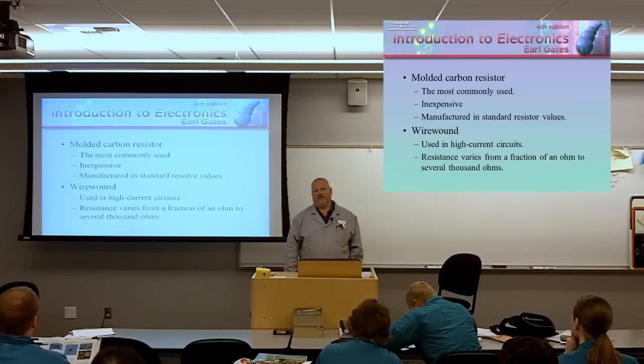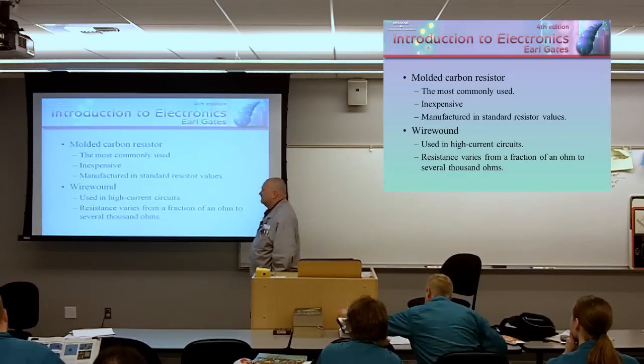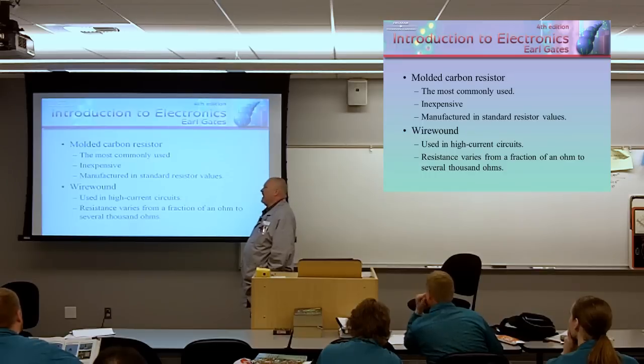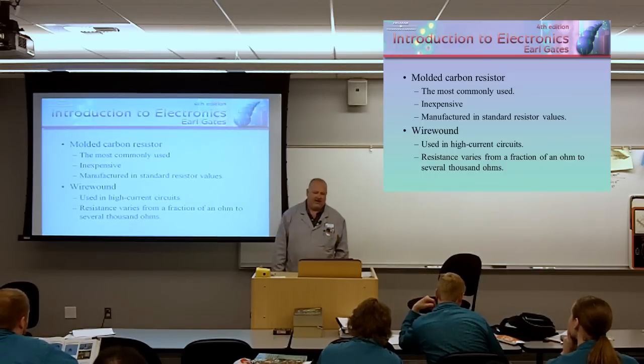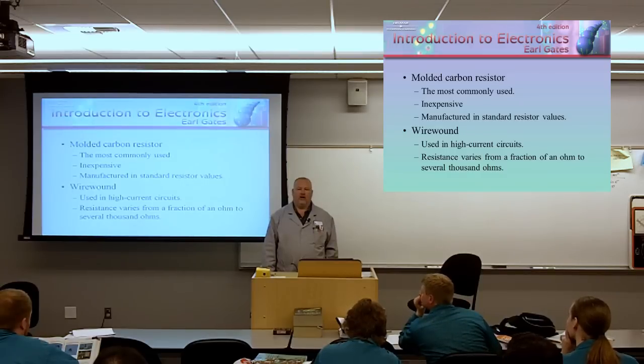Another type of resistor manufacturing process comes up with what's called a wire wound resistor. These are used in high current circuits, and they are made out of wire that is wound.